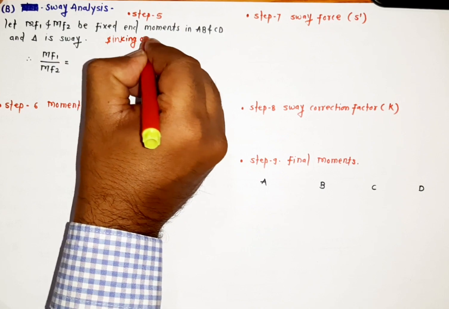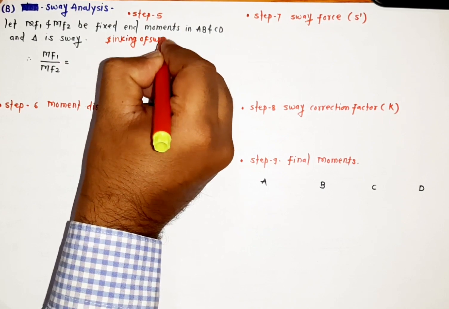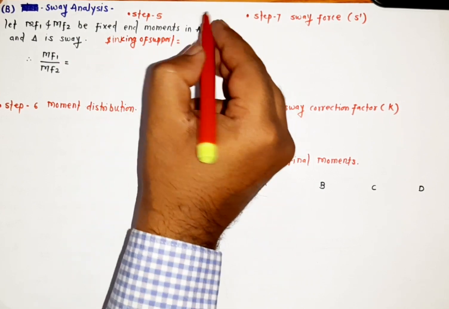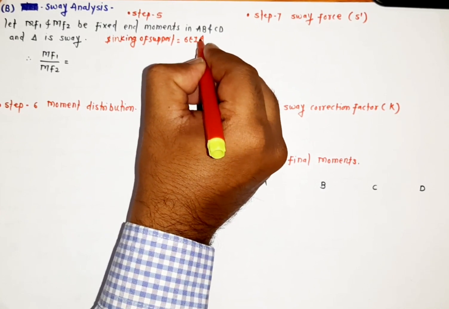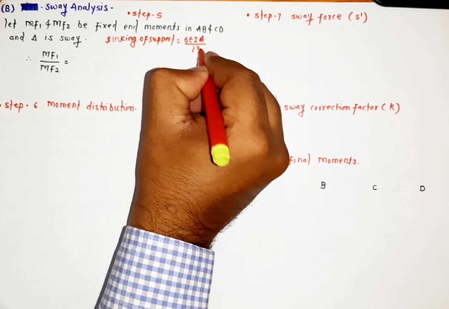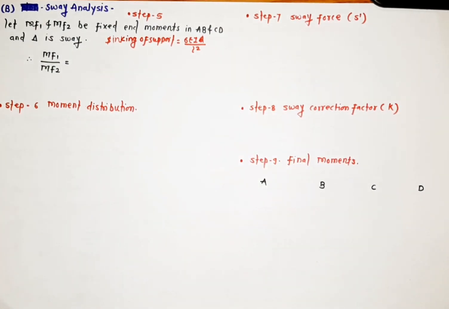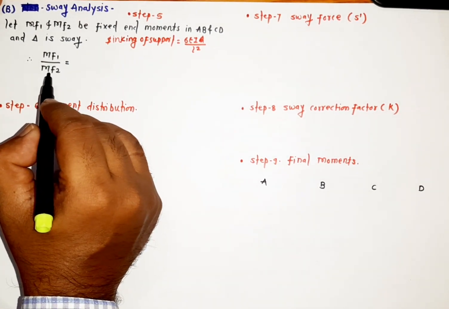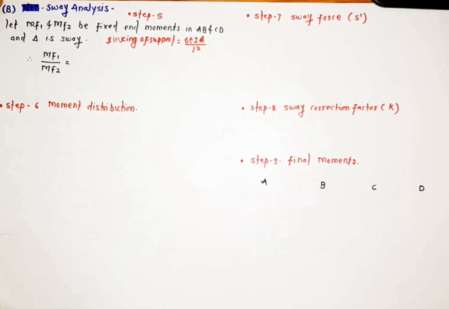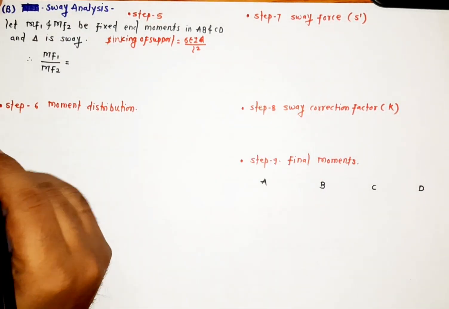Sinking of support, that is nothing but 6EIδ divided by L squared. Here delta is a sway. Now what we have to do is take a ratio of MF1 and MF2, that is the sinking, somewhat deflection of a frame.